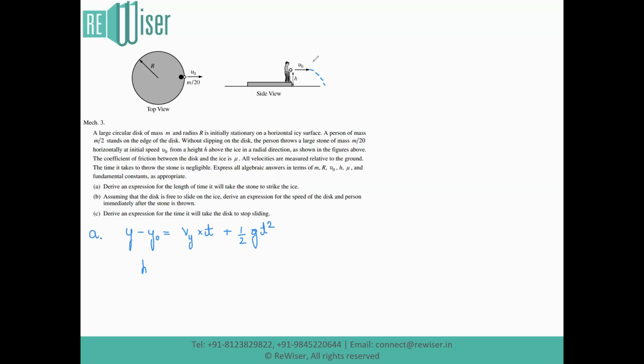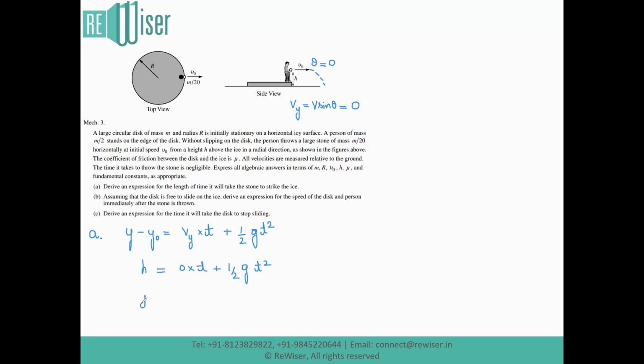Here, since it is thrown horizontally, the angle of projection theta is 0. Since vy is nothing but v into sine of theta, the initial vertical component of velocity is going to be 0 as it is thrown horizontally. Height h is equal to 0 into t plus half g t square.